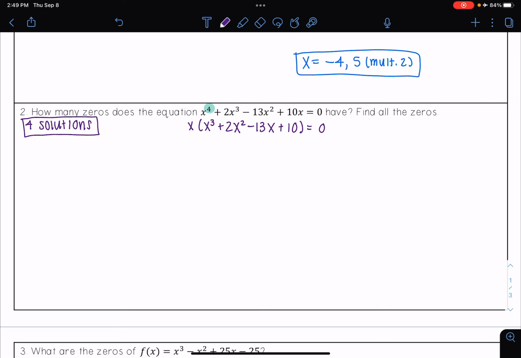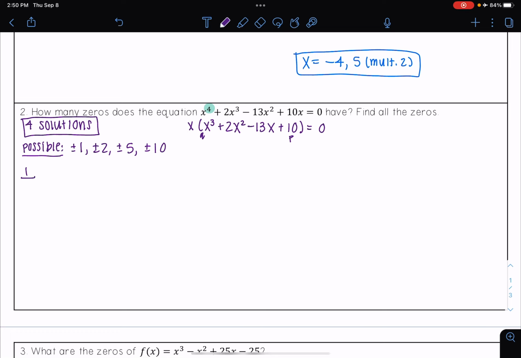Here I want to use my rational root theorem. My p here is 10, my q is 1, so that means my possible roots are just going to be the factors of 10, which are 1, 2, 5, and 10. And now I'm going to use synthetic division to figure out which is a root.